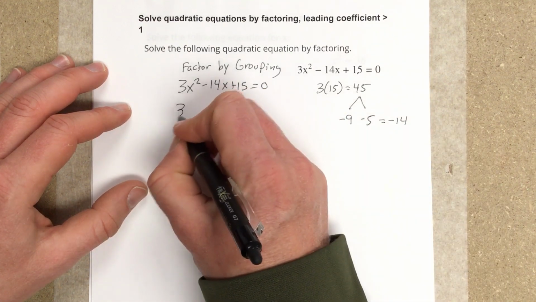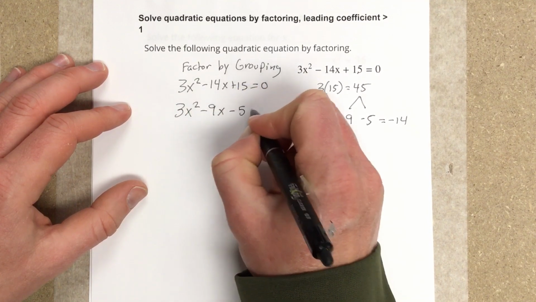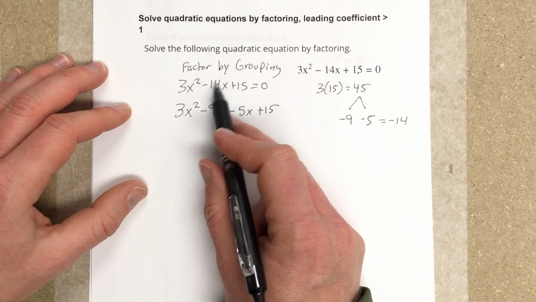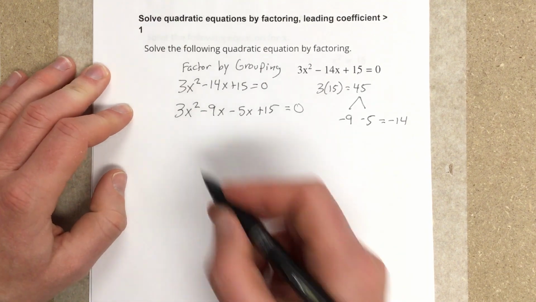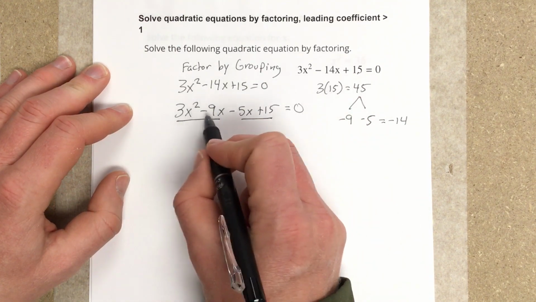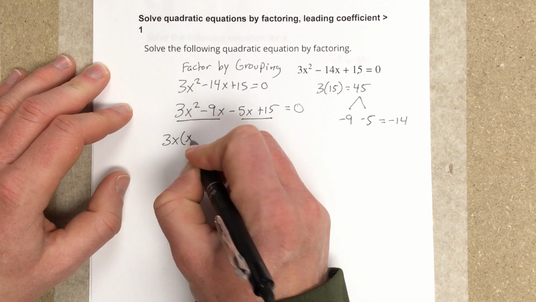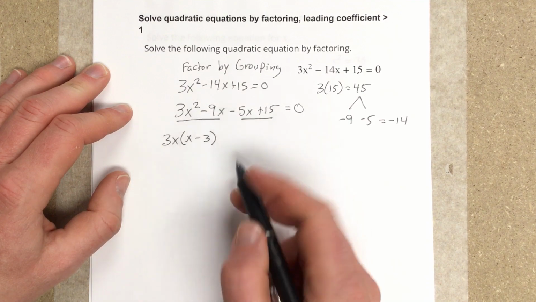So I'm going to use 3x squared minus 9x minus 5x plus 15. Again, negative 9x and negative 5x added together is negative 14x, so I have not changed the equation. Let's factor something out of each set of terms. I'm going to factor a 3x out of the first 2 terms, and that would leave x minus 3 when I divide 3x out of each of those.